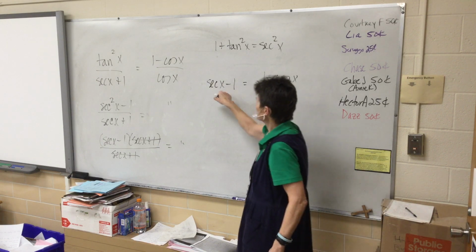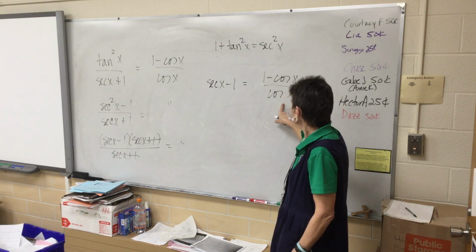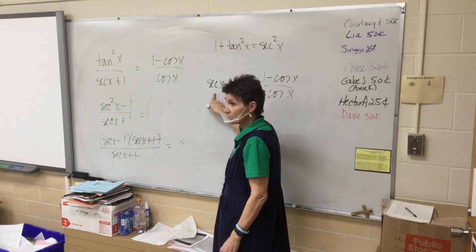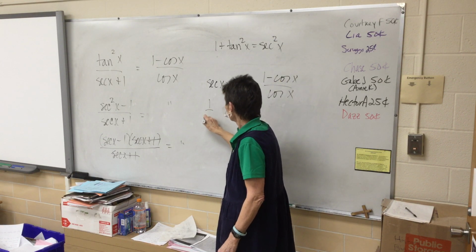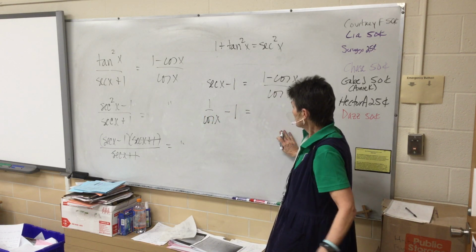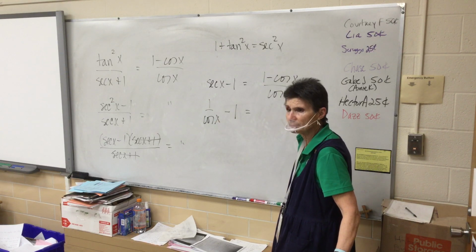So I've got to change this, hopefully to equal this. Okay, these are cosines, right? So maybe I ought to change my secant into 1 over cosine. And now I have a fraction in the subtraction problem.